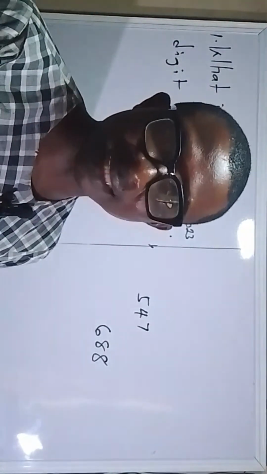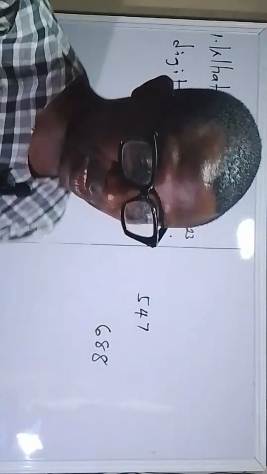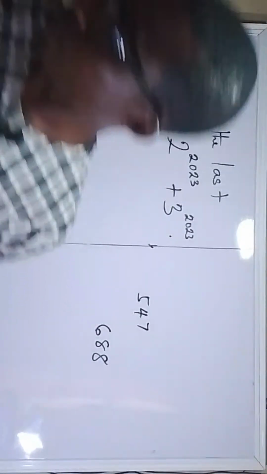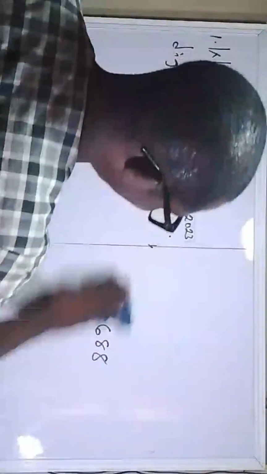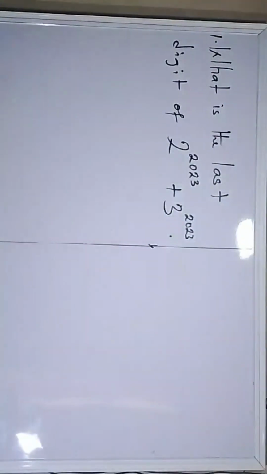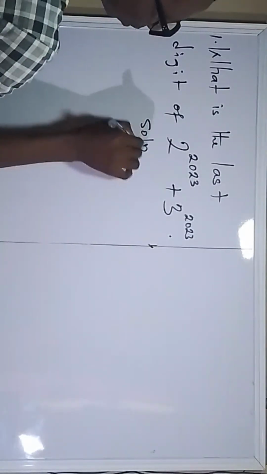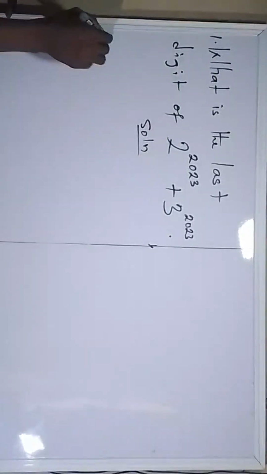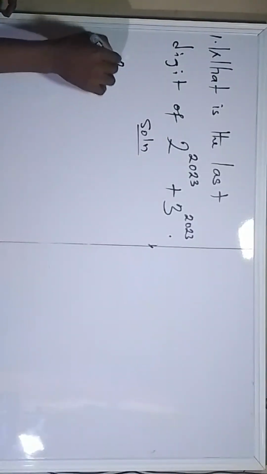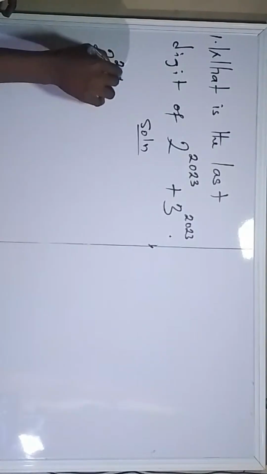Let's have that at the back of our mind. But because of the form this question takes, let us see how we are going to get the last digits of this one. I will start by getting the last digit of 2 raised to the power of 2023.